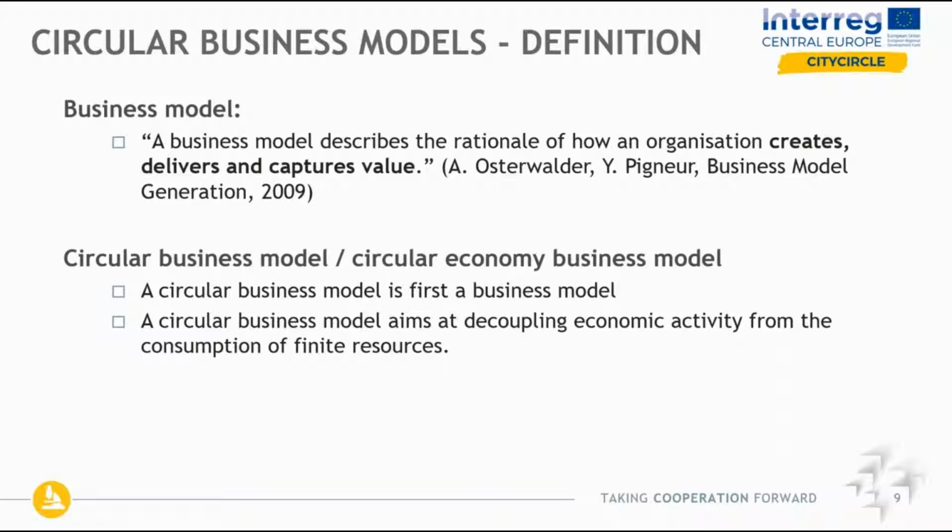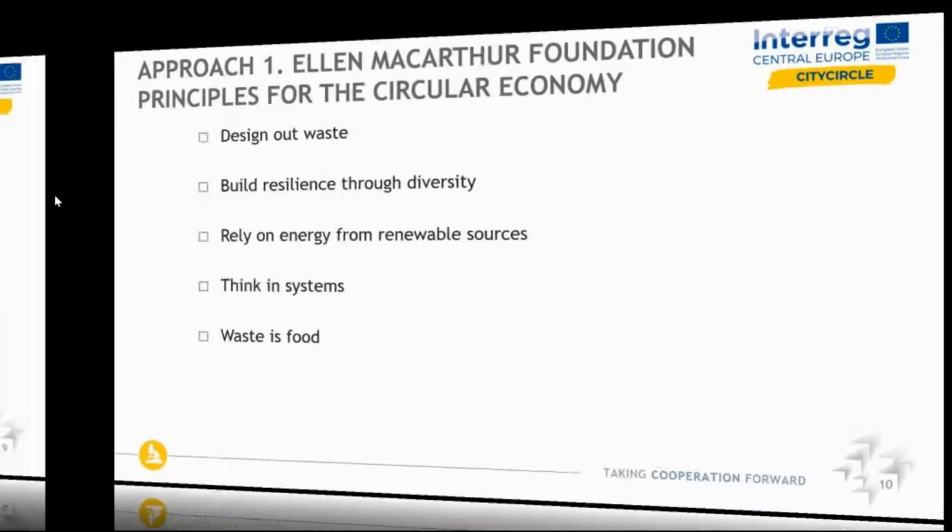So a circular business model is, in this case, first a business model for a company. So it needs to make economic sense. And it is circular because it aims at decoupling the activity from the consumption of finite resources, which is the basis of the circular economy. But we are here really speaking about economic business models.